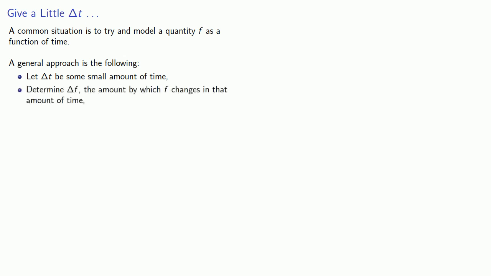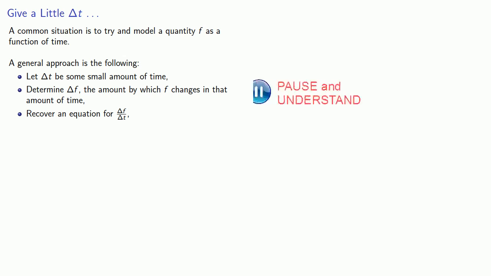Determine delta f, the amount by which f changes in that small amount of time. Recover an equation for delta f over delta t. And then we'll apply a little calculus. As delta t goes to 0, this ratio, delta f over delta t, goes to the derivative of f with respect to t.